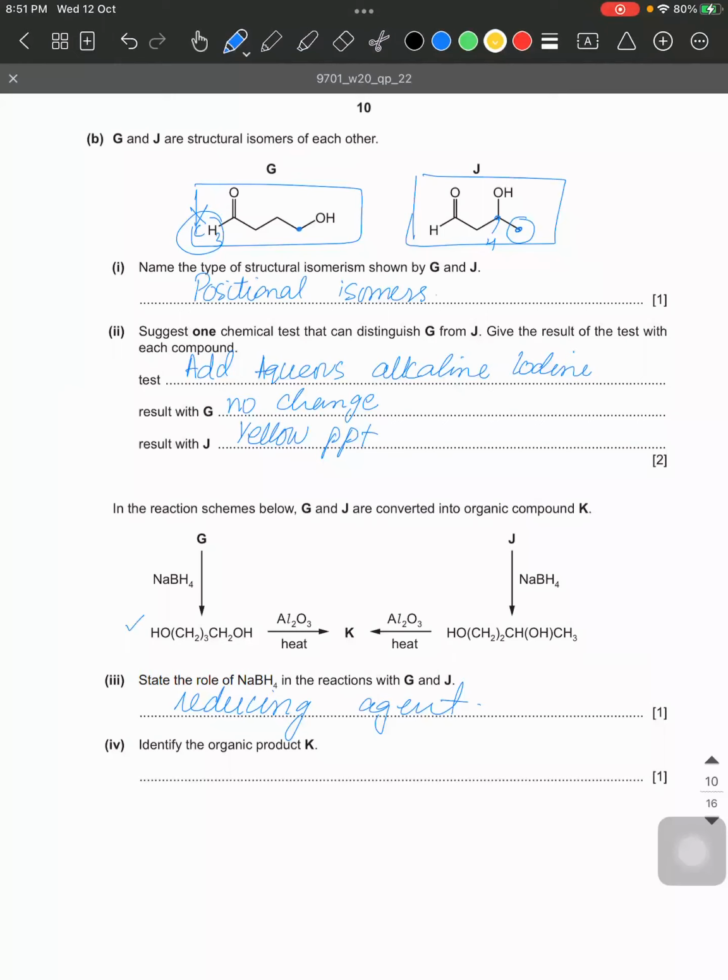That's fine. Then when you use ammonium oxide and heat this, definitely the OH will be removed with H, and it will form a double bond over there. So let's see. We have a structure like this: CH2, CH2, CH2, and this is OH. Over here we have CH2 and OH.